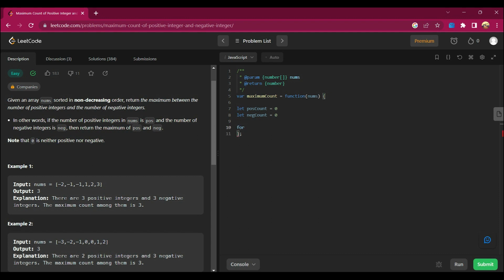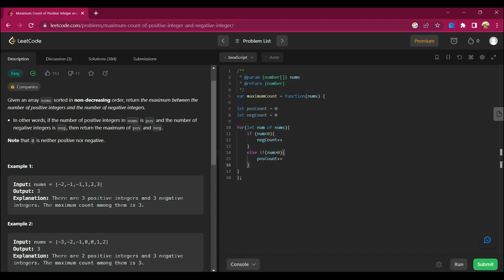So we can say, for (let num of nums), if num is less than 0, it's a negative, so we can increase negCount by 1. Similarly, else if num is greater than 0, we increase the count of positive, so posCount plus plus.